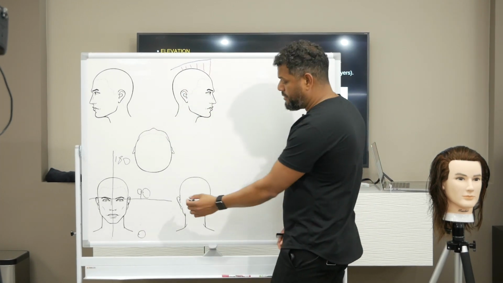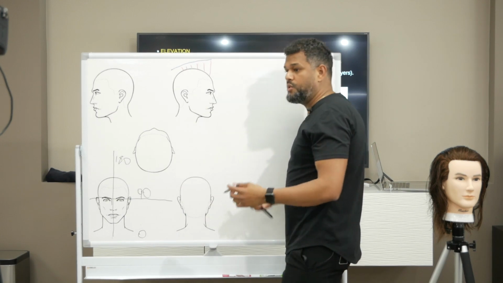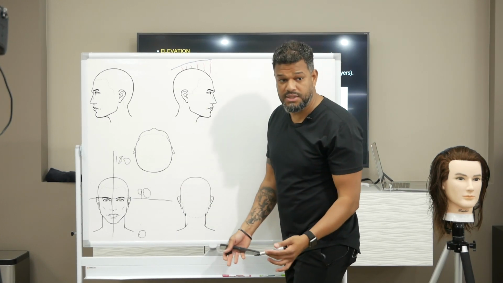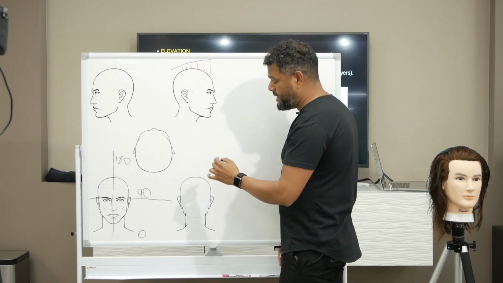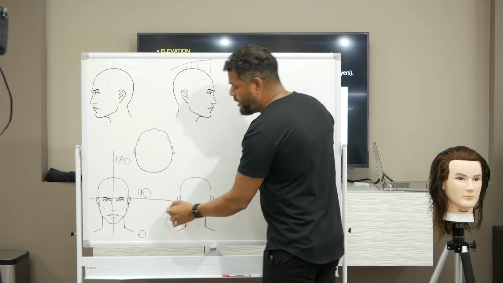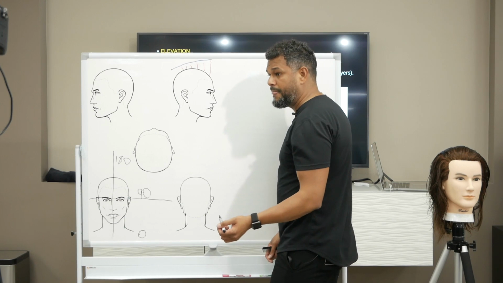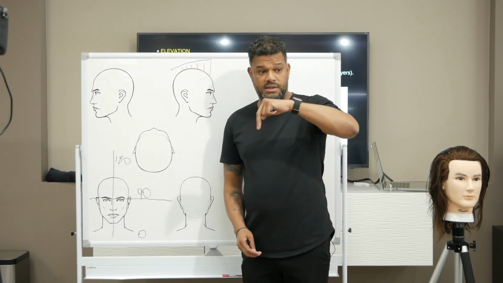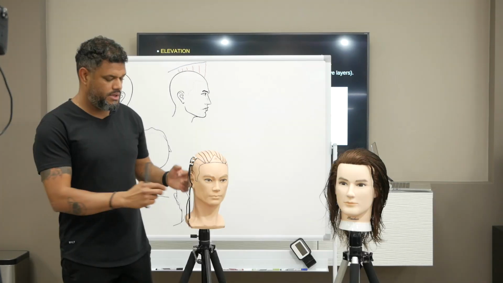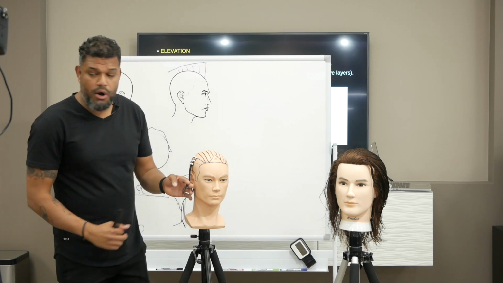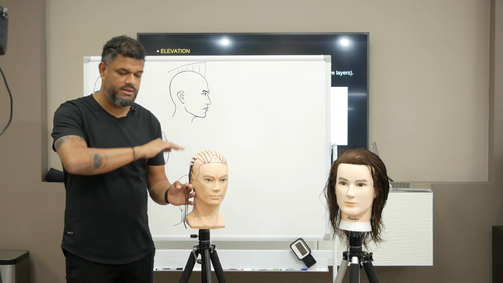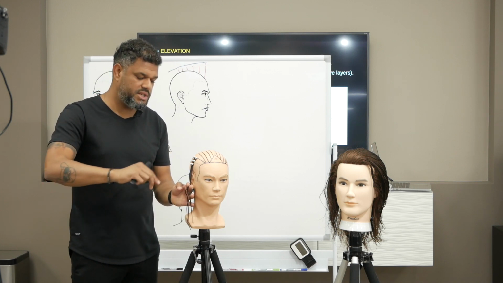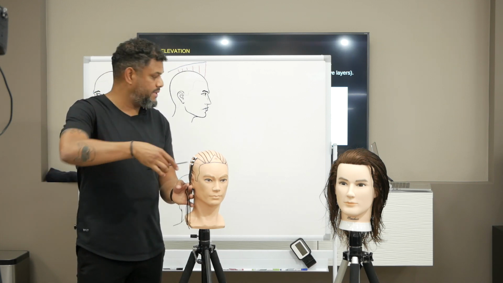Everything above 90, you're creating a massive amount of layers. You're creating layers. You will understand what layers means. Everything under 90 degrees, you're creating graduation and building up weight. The more you elevate the hair, so 0 elevation, heavy, no graduation. So 90 is here, right?